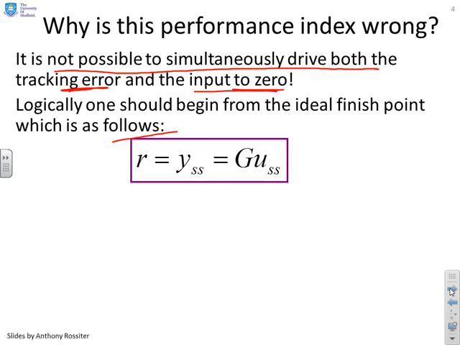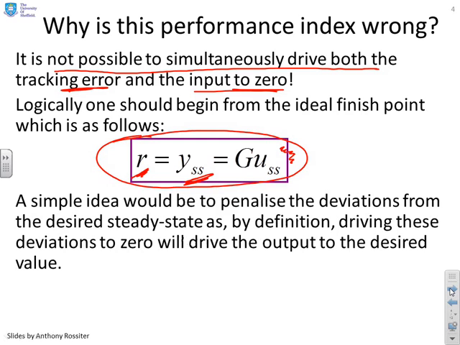What we want the performance index to deliver is something like this. We want it to be optimized when the steady state value of the output, y_ss, equals the target, and clearly the steady state value of the output is given by the steady state gain G times the steady state value of the input, so that's G u_ss. So we want the performance index to drive you to this operating point.